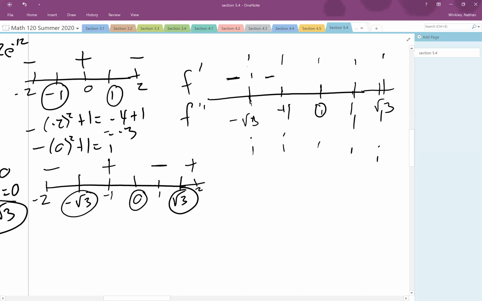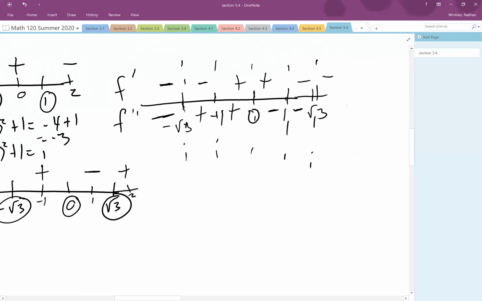Between negative 1 and 1, we are positive. To the right of 1, we are negative. To the left of negative root 3, we're negative. Between negative root 3 and 0, we are positive. Between 0 and root 3, we're negative. And then to the right, we are positive.